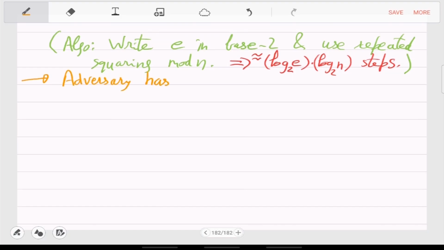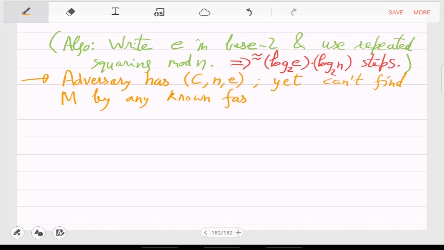So the adversary has your ciphertext, N and E, yet cannot find M by any known fast algorithm. Okay, that is what the current status is.